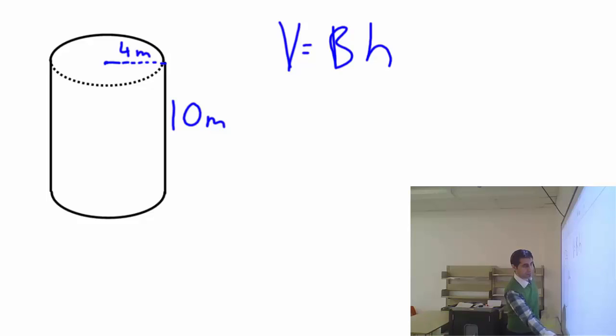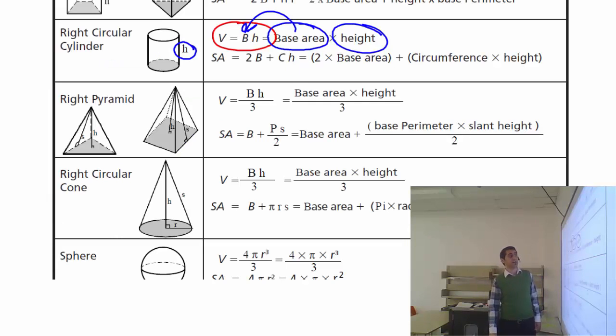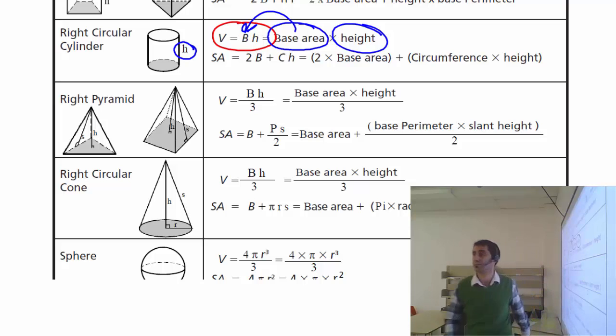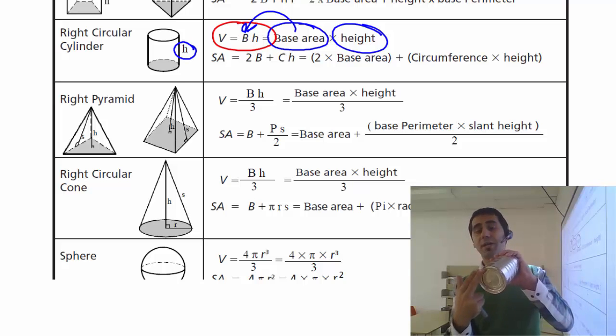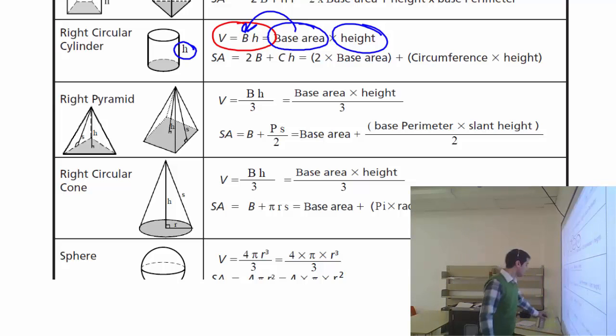And the base area, that's the area of the base. Here is the cylinder example where I keep the pencils. As you can see, underneath is a circle. In the cylinder, the base area is the area of a circle.